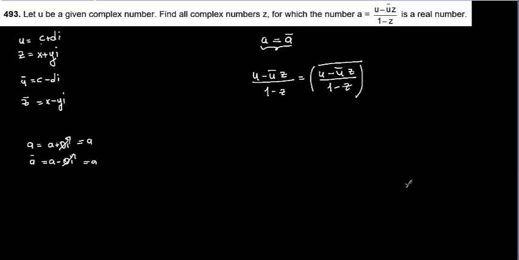They are going to be equal to each other. Then (U minus U conjugate times Z) all over (1 minus Z) is equal to its conjugate, but the conjugate of U conjugate is going to be itself.